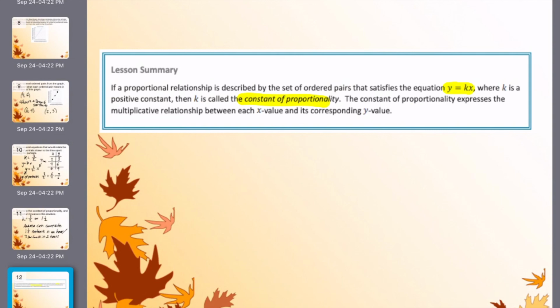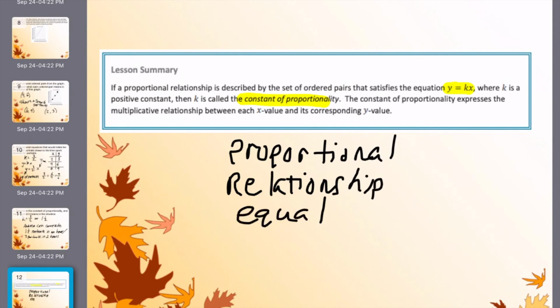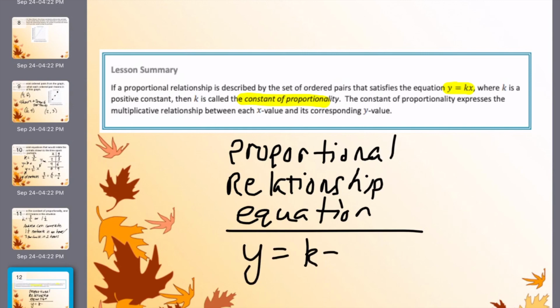Essentially what that is saying is, if we are trying to write a proportional relationship equation, in this case it would be y equals k, our constant of proportionality, times our x value.